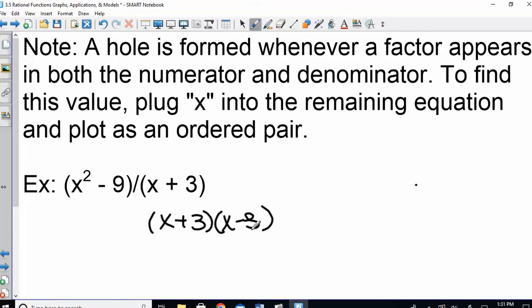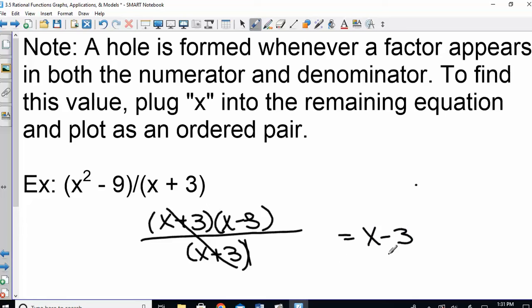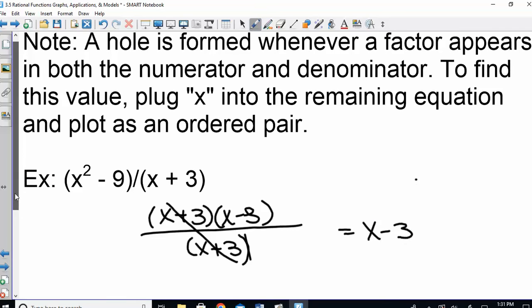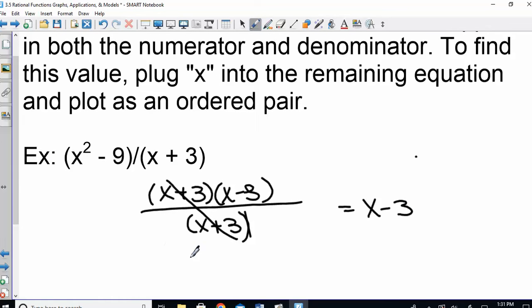Okay. Over the x plus 3. What happens? These x plus 3's cancel. So what that means is there is a hole in the graph. And when that happens, I am going to expect you to give me an ordered pair, because we're going to plot it as an open circle on our graph.